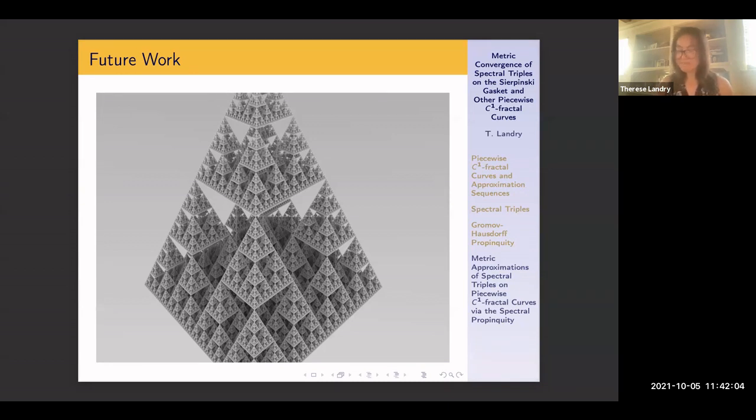And we also need to identify what properties the simpler approximating spaces would need to have, so that we could define spectral triples on them, and spectral triples that are metric spectral triples too.